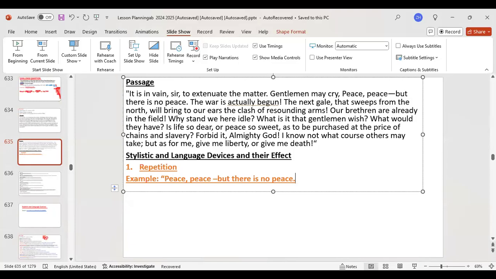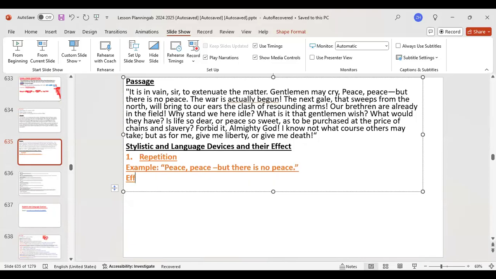Now, remember we also talk about the effect. What effect would this repetition have on the reader? The effect is that it reinforces, write this down, the illusion of peace. Do you understand what I mean by illusion?